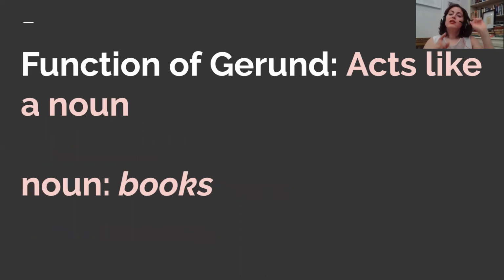Now, the function, so how it's used, think of that object that is actually something that holds flowers. The function is how something is acting or how something is being used. So a gerund acts or is used like a noun. And a noun is a person, a place, a thing, or an idea.